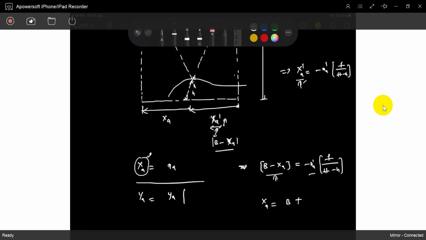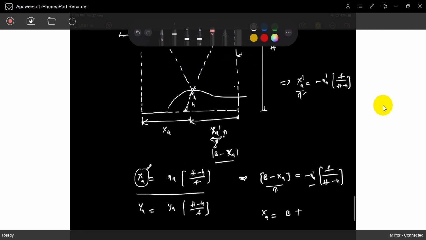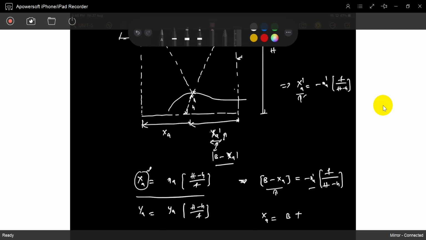H minus h by f. Okay, same thing. Here also, for getting the ground coordinates, H minus h by f.